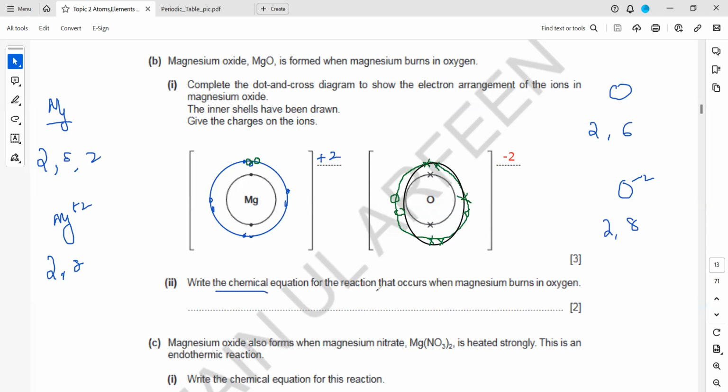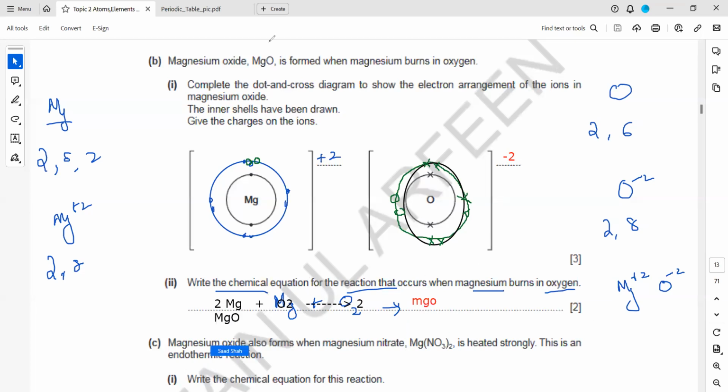Write a chemical equation for the reaction that occurs between magnesium burned and oxygen. So magnesium, because it's a metal, can exist as an atom. It reacts with oxygen. Oxygen is a non-metal, so it should be a molecule, and it will form magnesium oxide. What will the formula of magnesium oxide be? Magnesium is +2 and oxygen is -2, so magnesium oxide will be MgO.